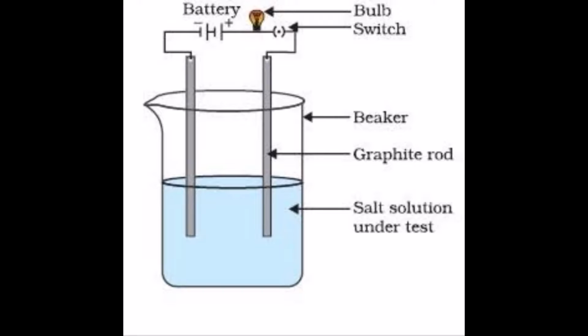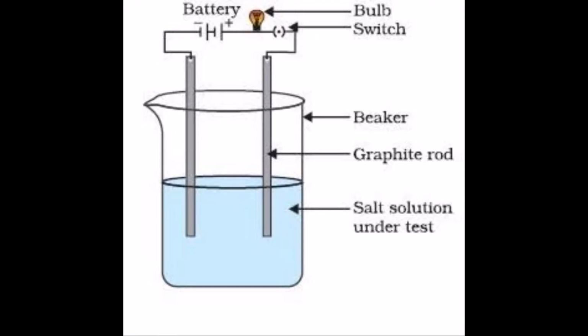Dissolve some common salt, sodium chloride or NaCl, in this water. Connect two graphite rods to the two terminals of a battery with a 0-watt LED bulb in between, as you can see in the picture. Now dip these graphite rods in the solution of sodium chloride.